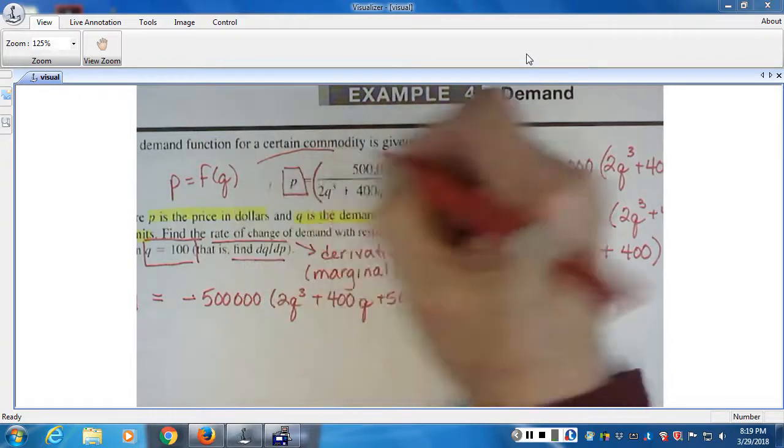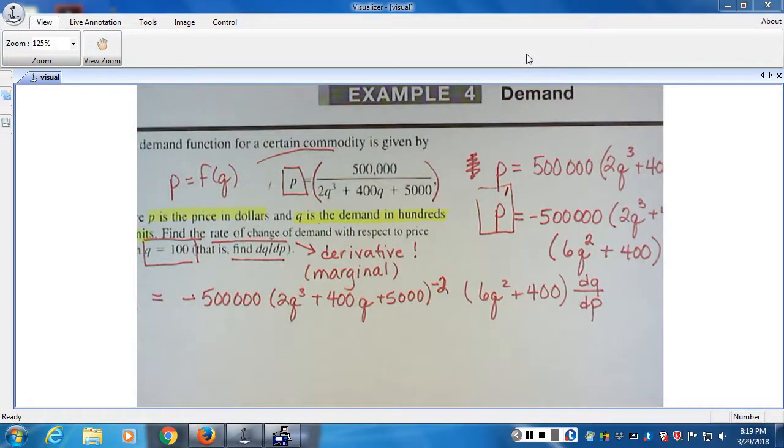And f of Q is what this stuff in parentheses is. So what rule are we using again right there? The general? Yes. So the derivative of the whole thing, times the derivative of the inside? Okay. And then times dq over dp, or you can call it q prime if you want to.